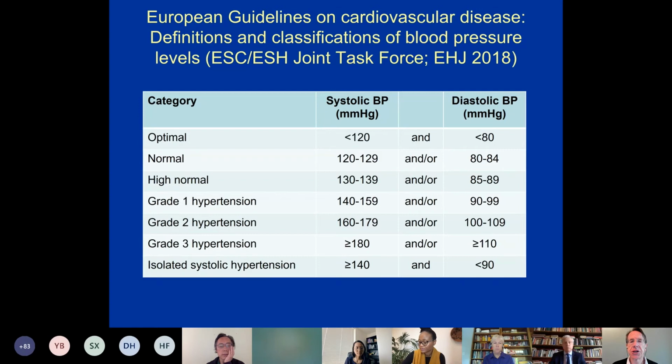So here is the summary from the European Heart Journal 2018 of the European Society of Cardiology and the European Society of Hypertension Joint Task Force on blood pressure guidelines, subdividing blood pressure from optimal through to high normal to various grades of hypertension, and various cut points by systolic or diastolic blood pressure.